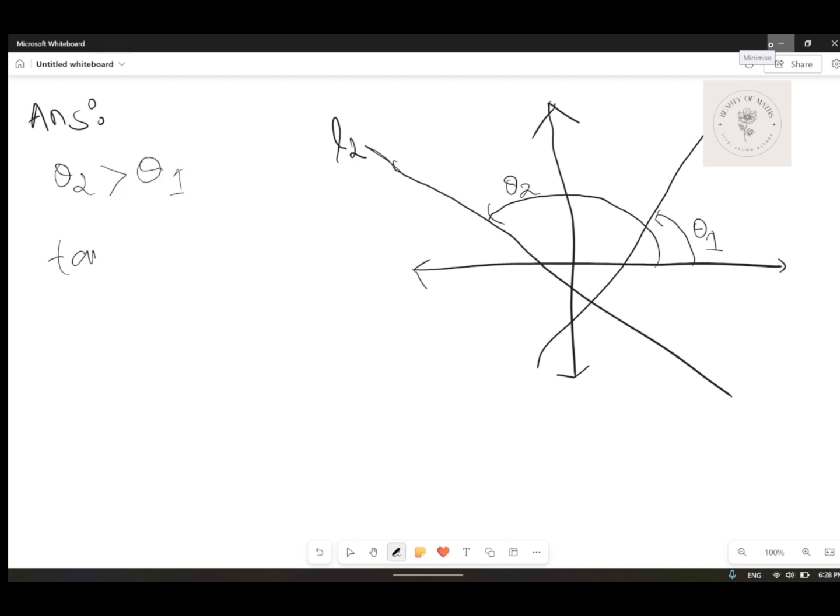So tan theta 2 greater than tan theta 1. And this is, my friend, a big no. Absolutely not. Now, please don't blame yourself. Actually, you have to blame me because I haven't taught you this one. I saved this for the last for today.